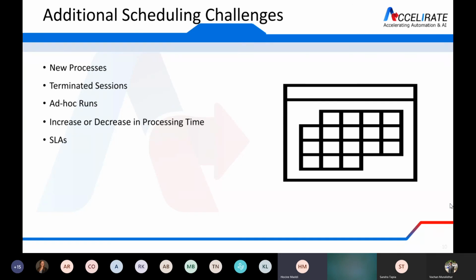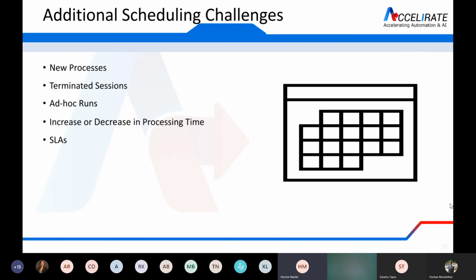The fourth one is the increase or decrease in processing time. If you have a set schedule and a few of your processes picked up volume in the past, let's say a few weeks or a few months, it's going to affect the next schedule. Obviously they're going to take longer, and you're going to have to go back and readjust these schedules periodically.